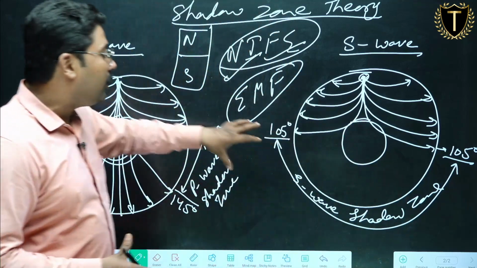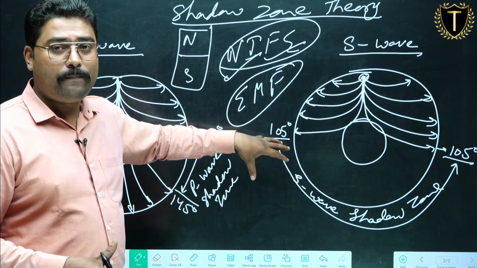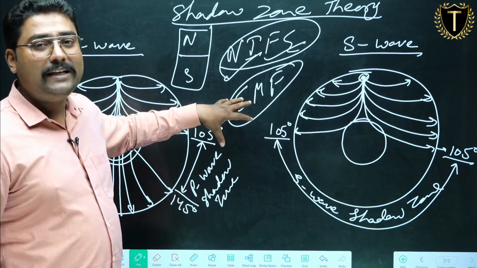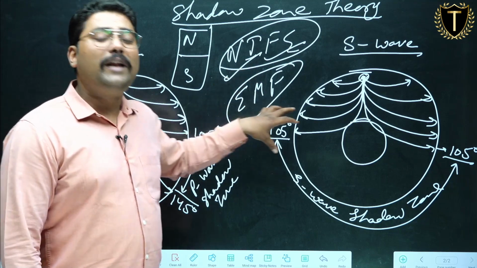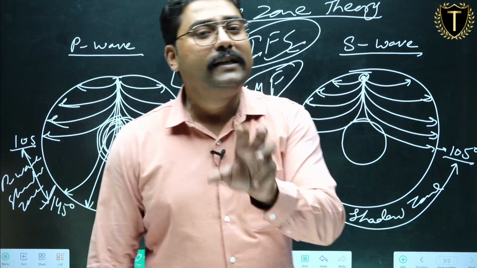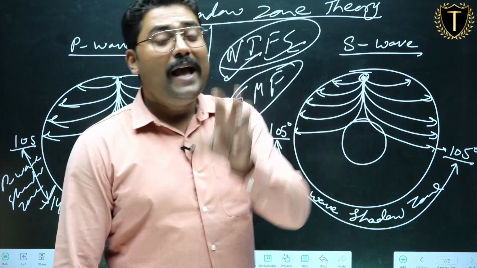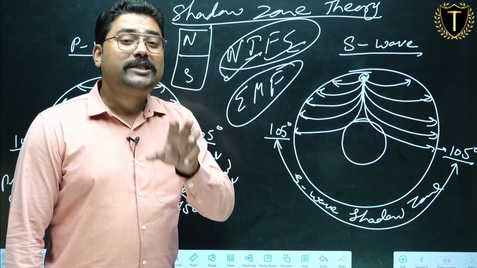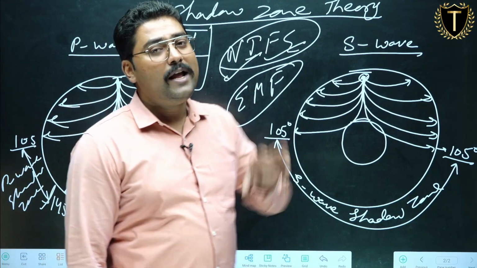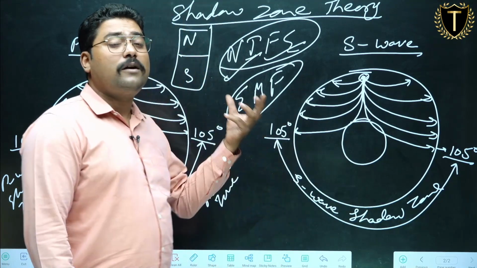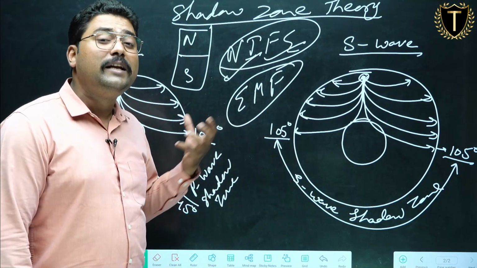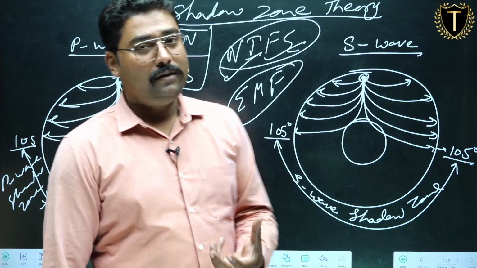Because if the churning of the outer core stops, the Earth will lose its magnetism, and when it loses its magnetism, the harmful radiation will reach the Earth's surface, and there will be genetic mutations in our body, and it will increase the temperature, leading to melting of the crust, because it will increase the temperature of the magma.